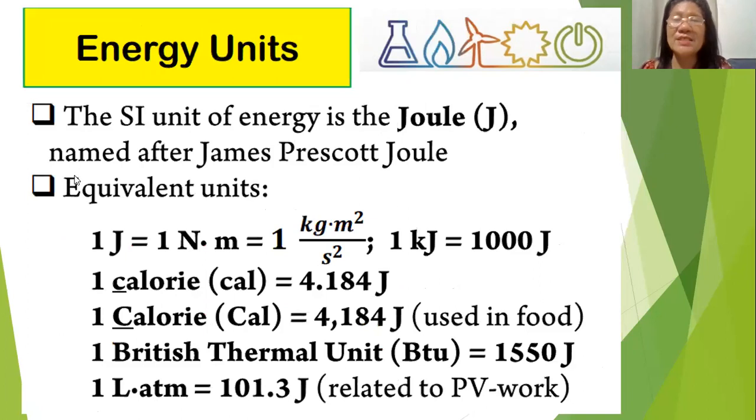Okay, so these are the different units in energy. The SI unit that we are using is the joule, abbreviated by J, and this was discovered by James Prescott Joule. So, 1 joule is equal to 1 Newton meter.